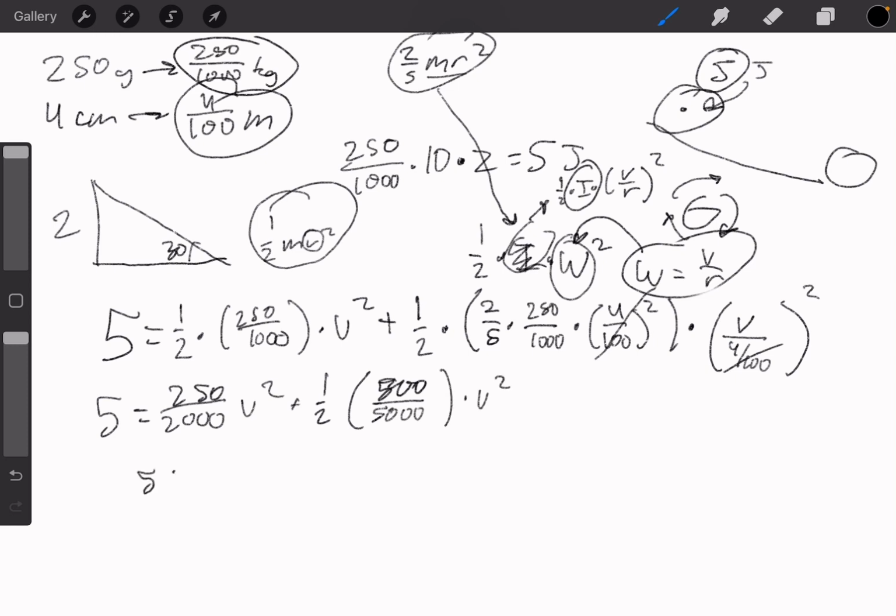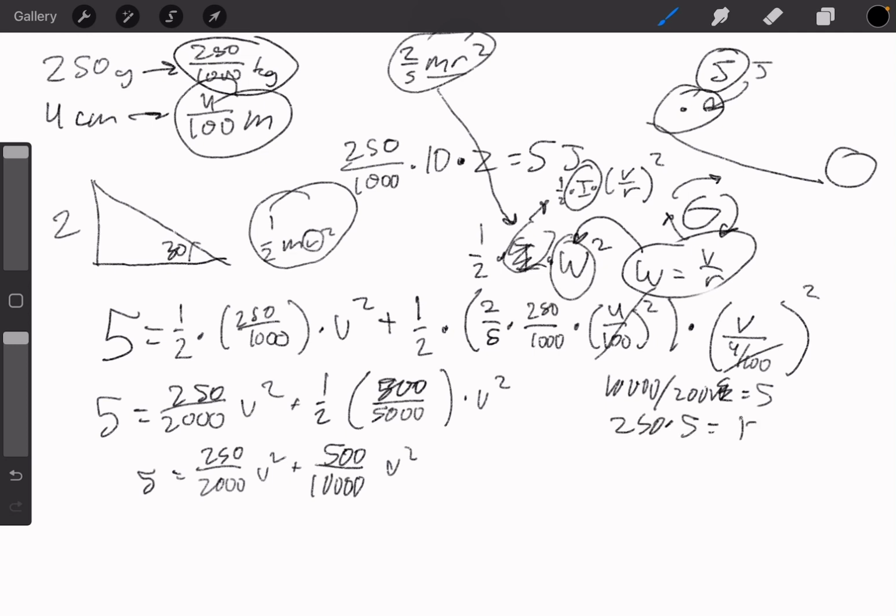This is 5 equals 250 over 2,000 v squared plus 500 over 10,000 v squared. Sorry, added an extra 0. So it'd be 250 times 5, which is 1,250, so 1,250 v squared plus 500 v squared, all over 10,000, is equal to 5.